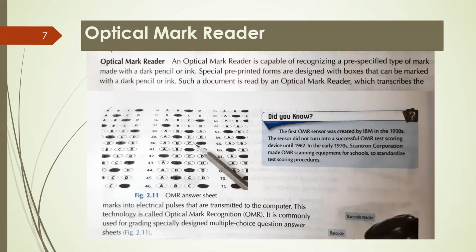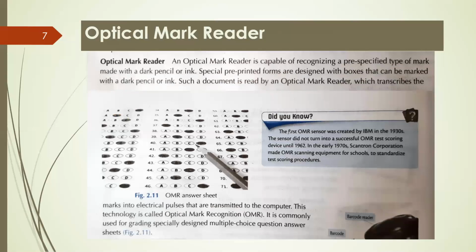You will get the question, and maybe question number 1's answer is D, then you will fill that circle of D with a pencil or ink. You can fill like this, and this will be inserted in the machine, and that machine will recognize it.